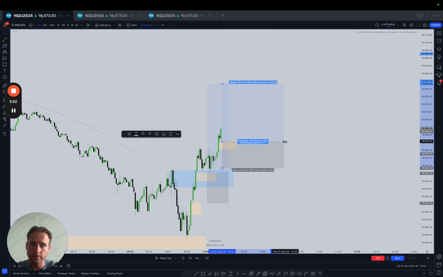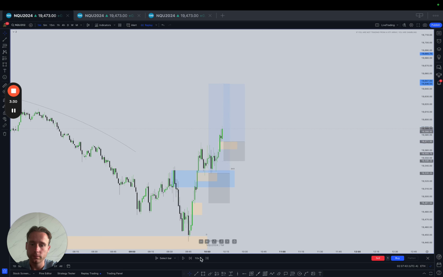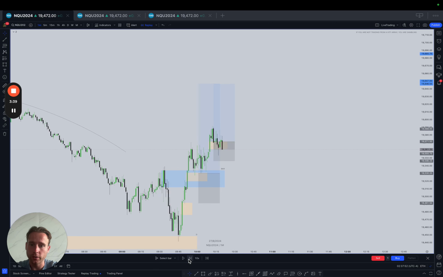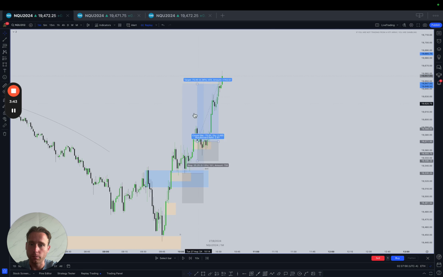Same draw on liquidity. 1 to 2 is right here. If you want 1 to 3, you can put it here. Look at the time. It's after 10 AM, so we're playing the 10 AM game. Price comes back here, consolidates, and then it goes to TP on both setups.